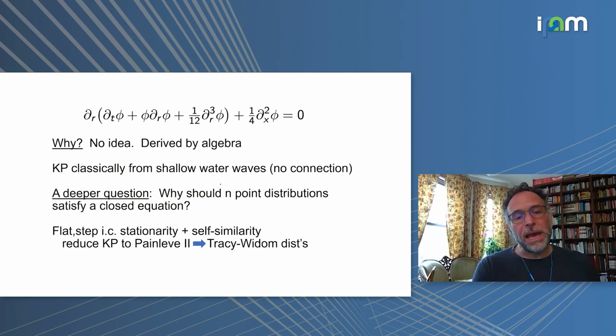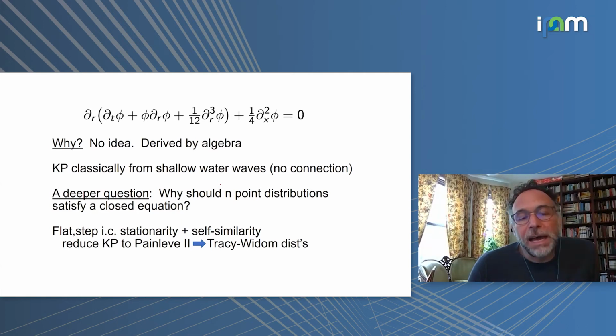If you look at the special cases I showed you before, starting with flat initial data and step initial data being this wedge, then one knows that in the flat case the thing's stationary in space, and in the wedge case or the step case, one knows that after you subtract a parabola, it's stationary in space.